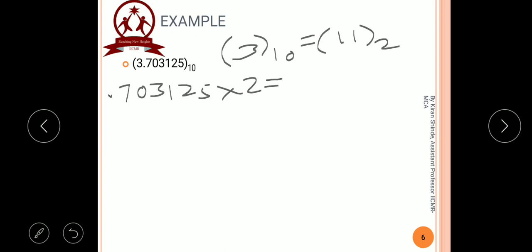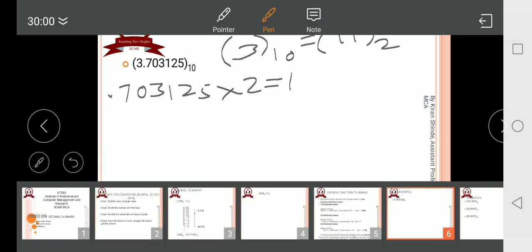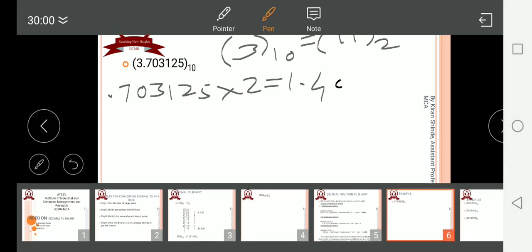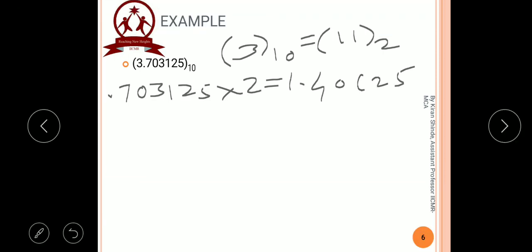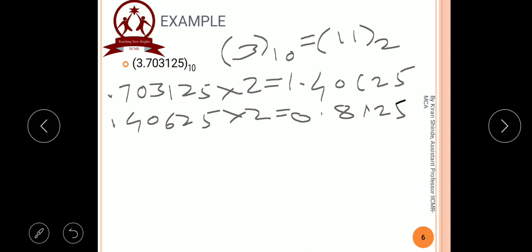So the answer will be 1.40625. Now further multiply the fractional part, that is 0.40625 into 2 will give us 0.8125. Continue the multiplication.